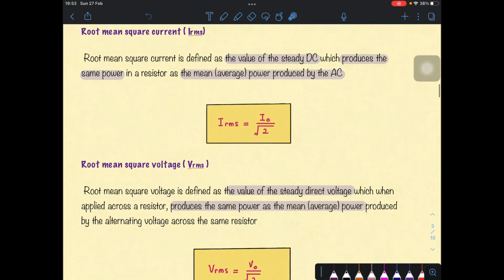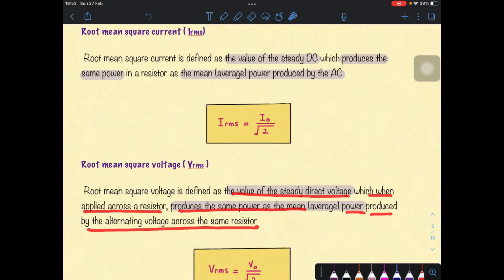And for RMS voltage, it is defined as the value of the steady direct voltage which, when applied across a resistor, produces the same power as the mean or average power produced by the alternating voltage across the same resistor.